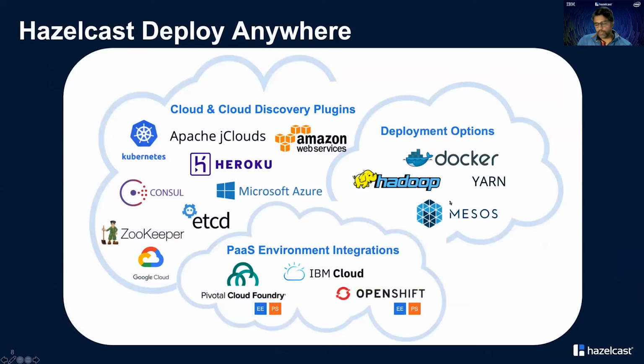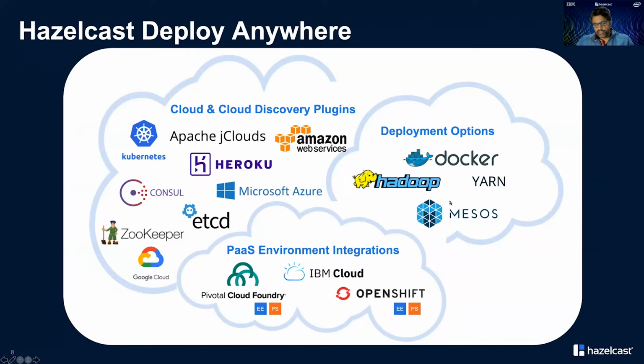Some of the deployment options that you see on the screen. Hazelcast is compatible with pretty much all major cloud providers: AWS EC2, Google Cloud, Microsoft Azure, and so on. And then some of the platform environments like Cloud Foundry, OpenShift, and IBM Cloud are all natively supported.